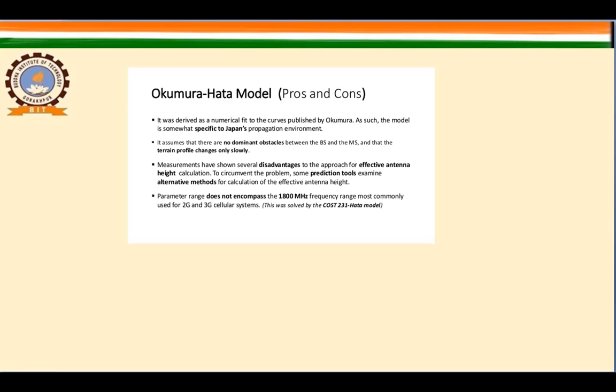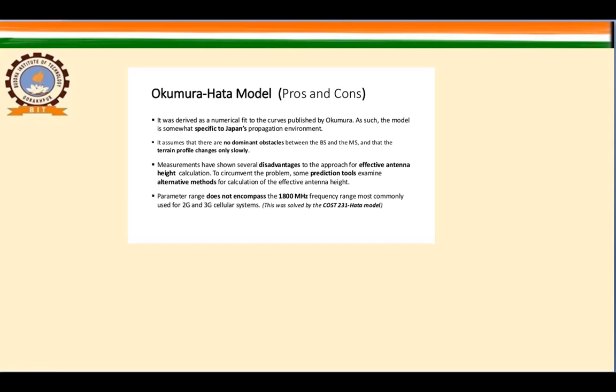The measurements have shown several advantages to the approach for effective antenna height calculations. To circumvent the problem, some prediction tools examine alternative methods for calculation of the effective antenna heights.